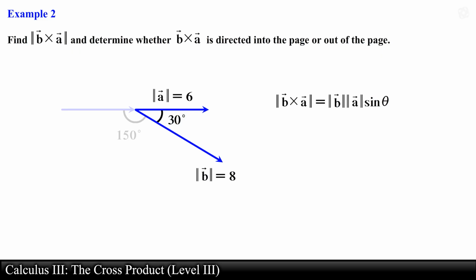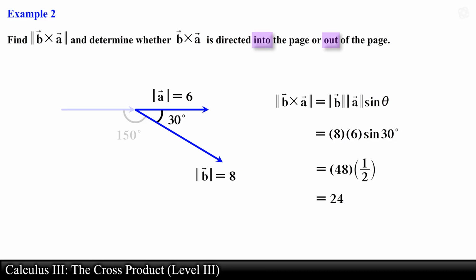Now we can go ahead and find the magnitude of the cross product by using the geometric definition. Substituting the magnitudes and the angle between the vectors, we obtain the following. Simplifying the expression, we obtain 24 as the magnitude of the cross product.